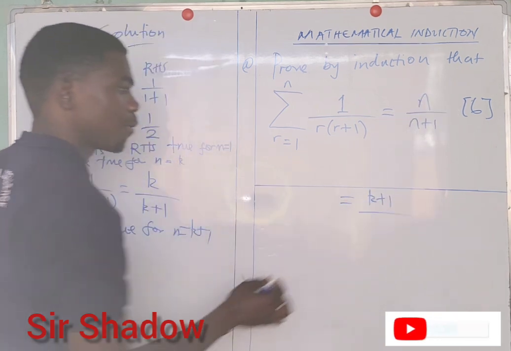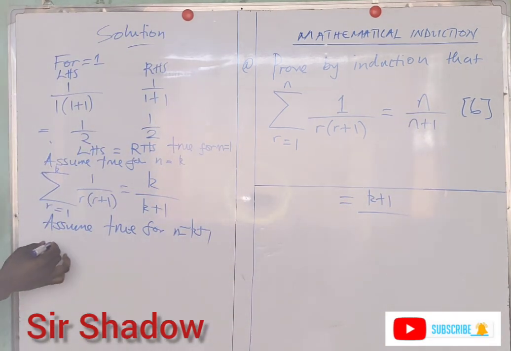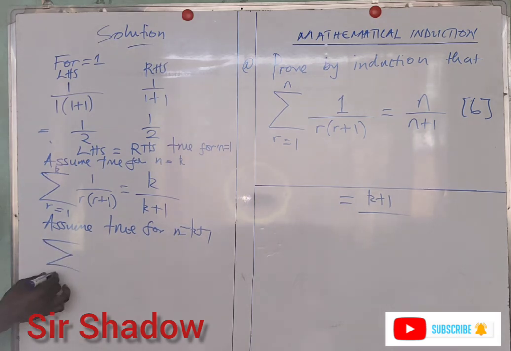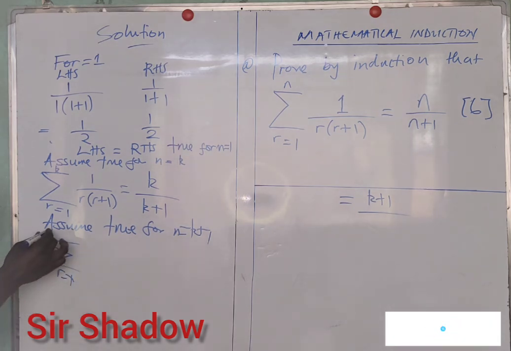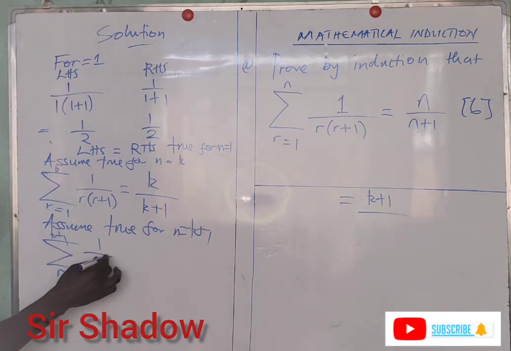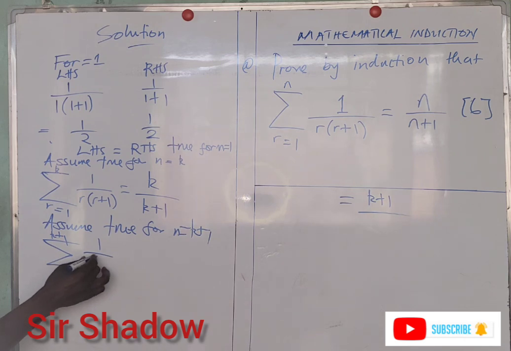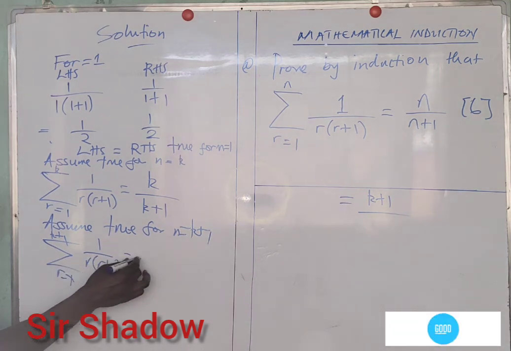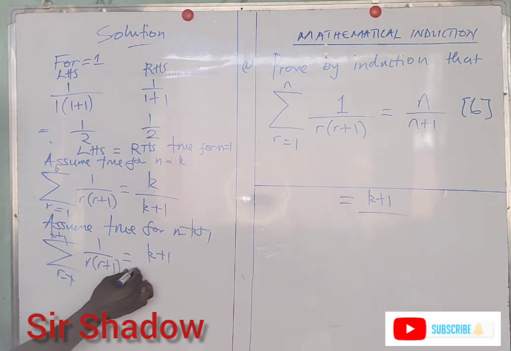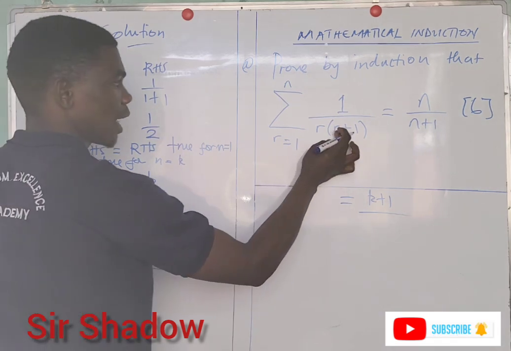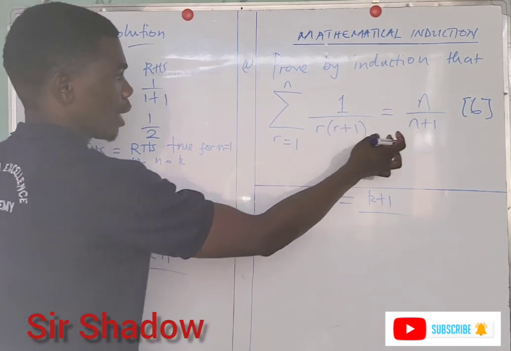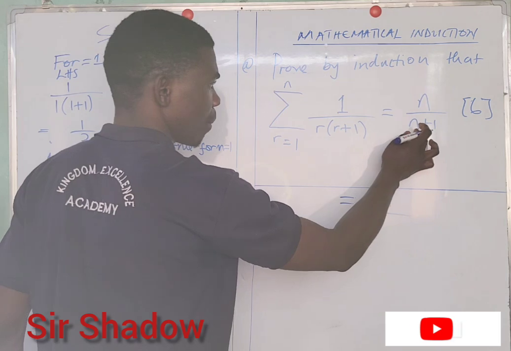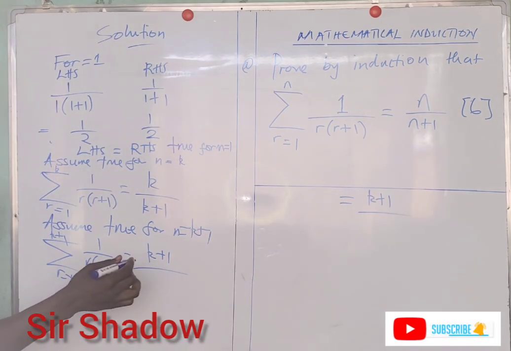So the summation of 1 over r(r plus 1) should be equal to k plus 1 over, remember, n is k plus 1, so k plus 1 plus 1, which becomes k plus 2.